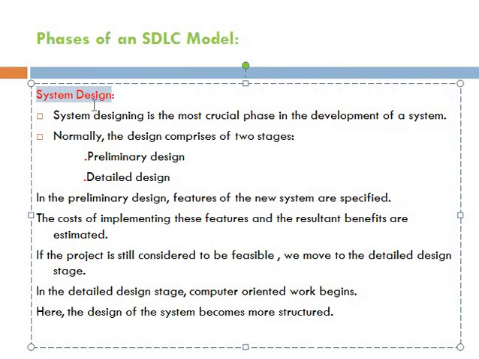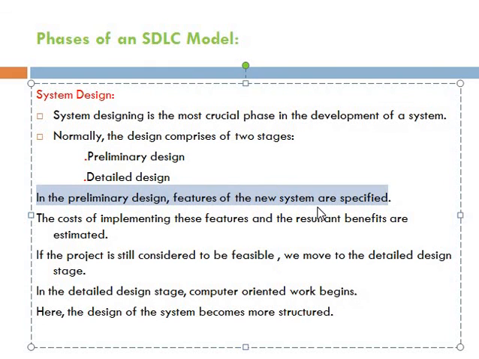Now just after the first phase of the software development lifecycle model, which is the software requirement specification, the next phase is the system design phase. System designing is the most crucial phase in the development of a system. Normally, the design comprises of two stages, the preliminary design and the detailed design.